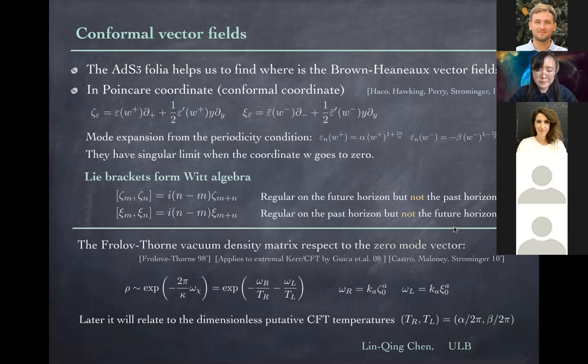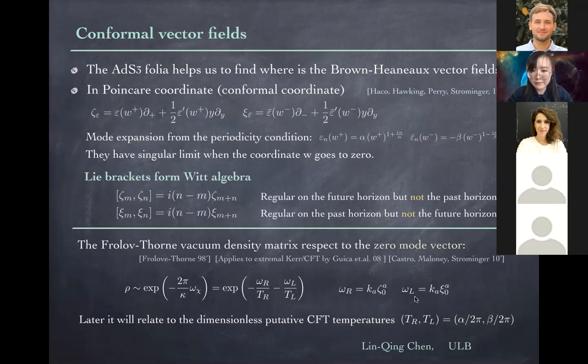And so the Frodden-Thorne vacuum density matrix, which is a density matrix close to the near horizon space-time, is originally written in terms of the energy mode corresponding to the Killing vector. And now it can be expanded as the two pieces corresponding to the 0 mode of zeta and xi, because the 0 mode of this Witt algebra is just a linear combination of the Killing vector.